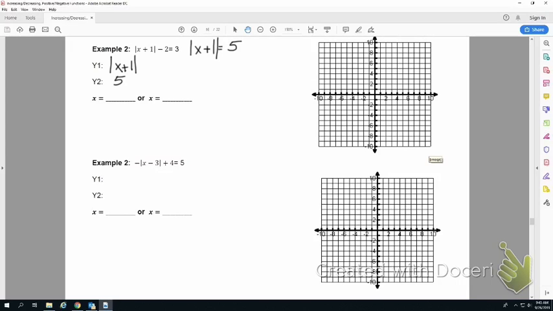X plus 1 is going to move which direction? Left. Then I've got the line y equals 5.